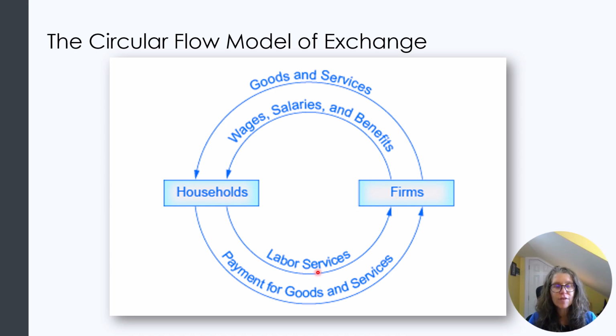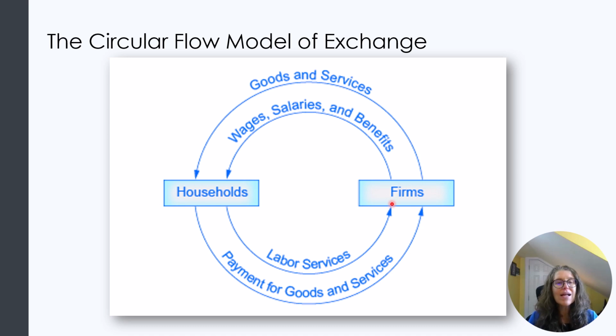We give or sell, exchange our labor to companies, and they pay us benefits. So we're constantly moving. Think about your own payday, right? I go to work, I get a payday, I spend that money, I buy goods and services, right? That's our labor exchange, our labor market, and our product market on the outside.